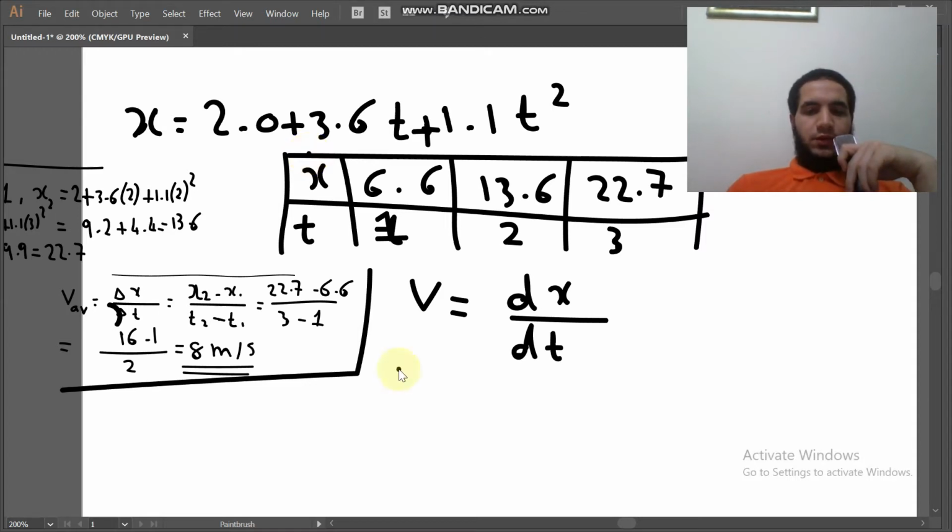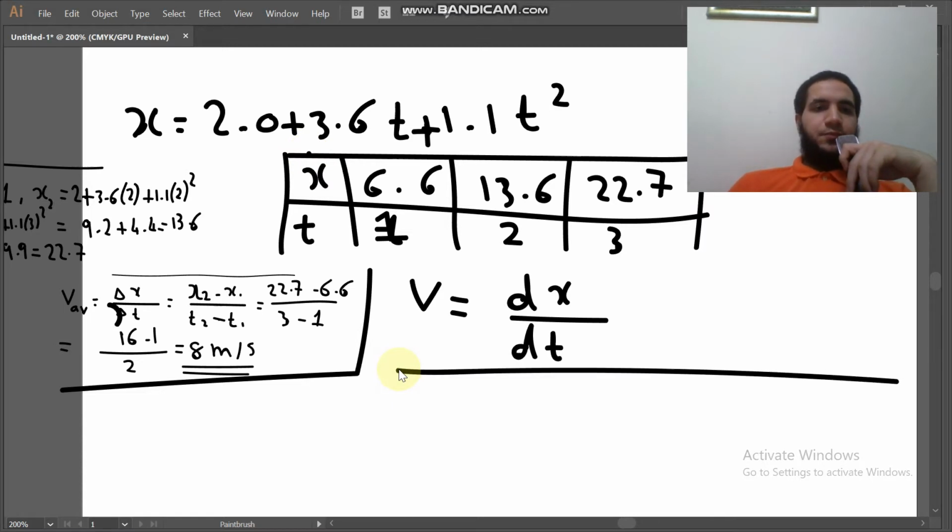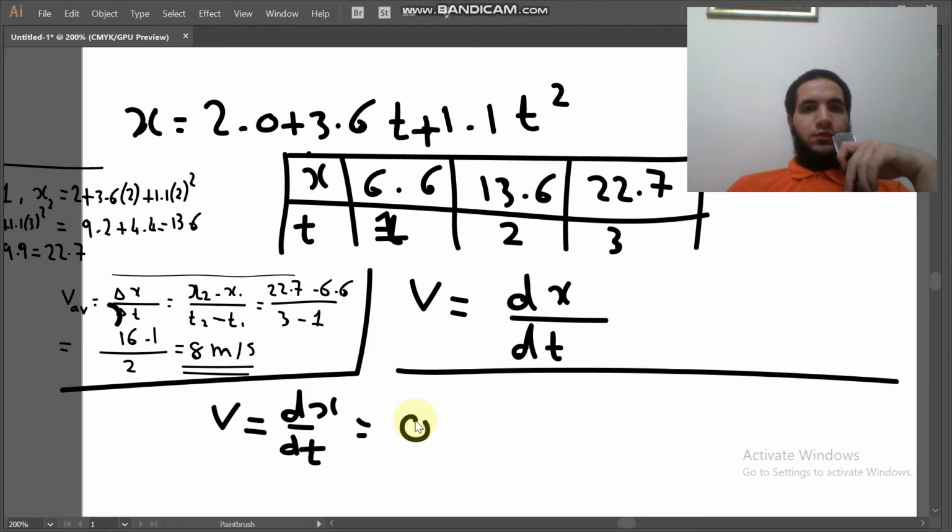I hope you knew some calculus. Okay, 2.0 will be 0, so v equals dx by dt also equals 0 plus 3.6t will be derived to be 3.6, and 1.1t will be 2, okay, plus 2.2t.